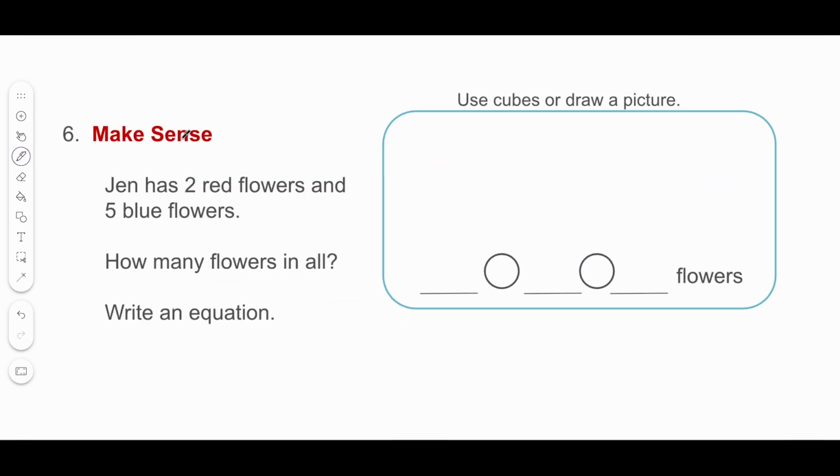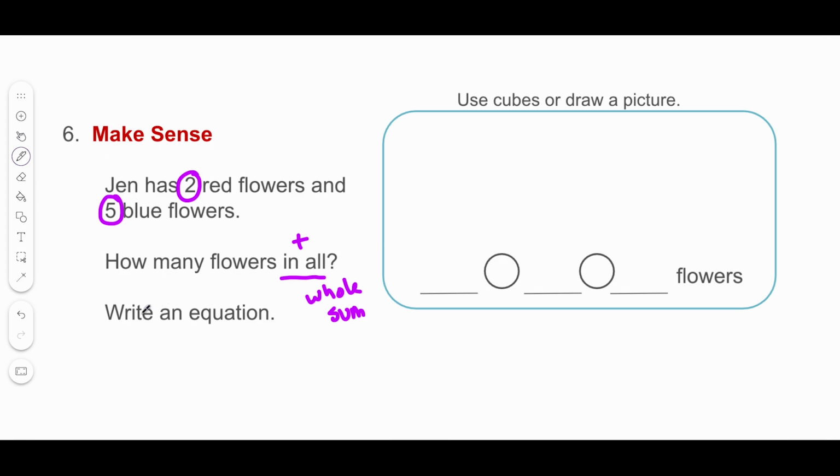Okay, for number 6, Jen has 2 red flowers and 5 blue flowers. How many flowers are there in all? So again, we're looking for the whole or the sum when it asks in all. These are key words your student should associate with finding the sum or finding the whole, knowing that this is an addition problem. The parts are 2 red flowers and 5 blue flowers.